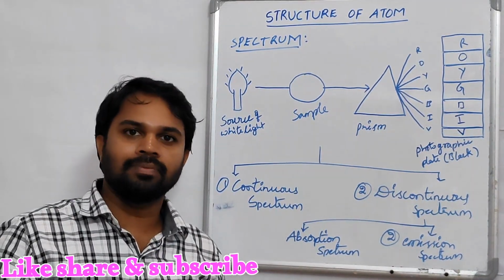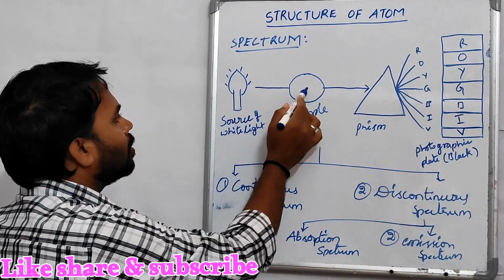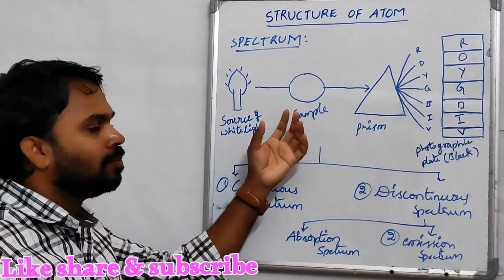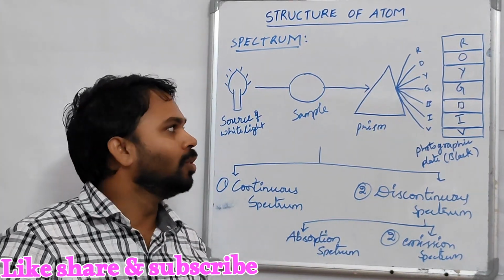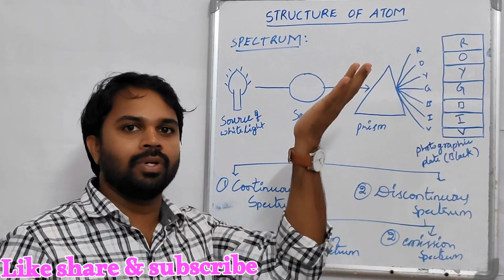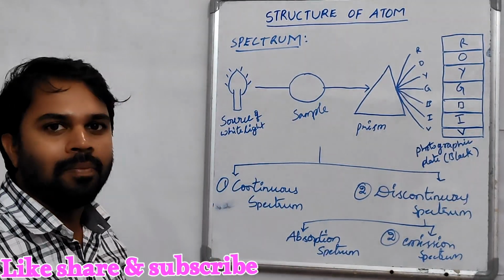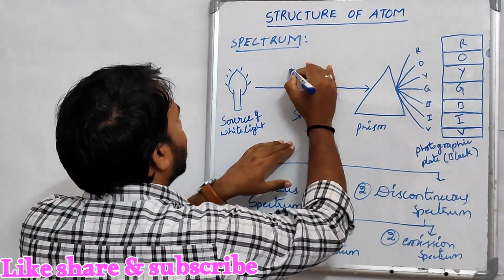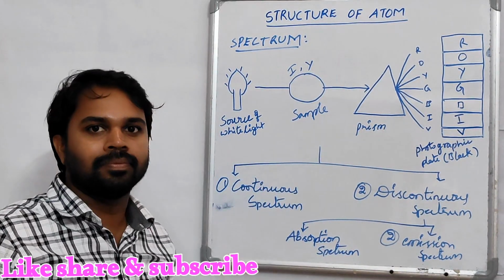We know that atoms have electrons. When white light passes through this sample, the atoms absorb radiations of some wavelengths, due to which the electrons are excited from a lower energy state to a higher energy state. For example, this sample absorbs indigo radiation and yellow radiation.